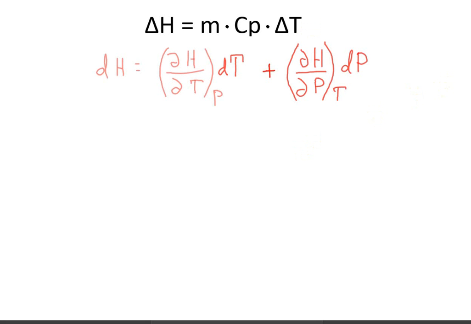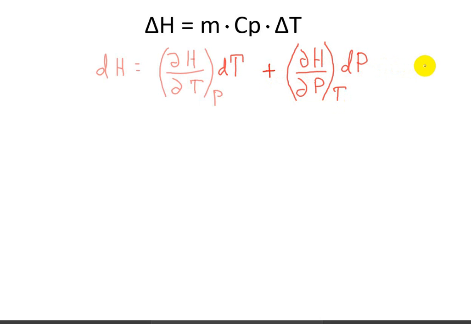In the expression that I've put on the board here, the change in enthalpy is equal to the partial of enthalpy with respect to temperature at constant pressure times the change in temperature, plus the partial of enthalpy with respect to pressure at constant temperature times the change in pressure. Now, partial derivatives are pretty much definitions.